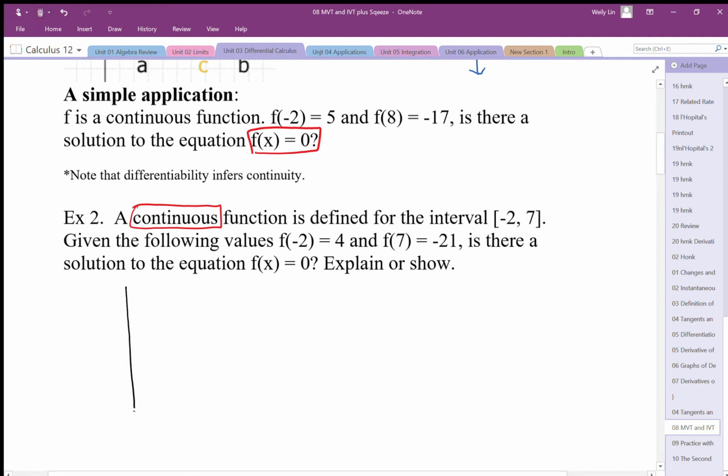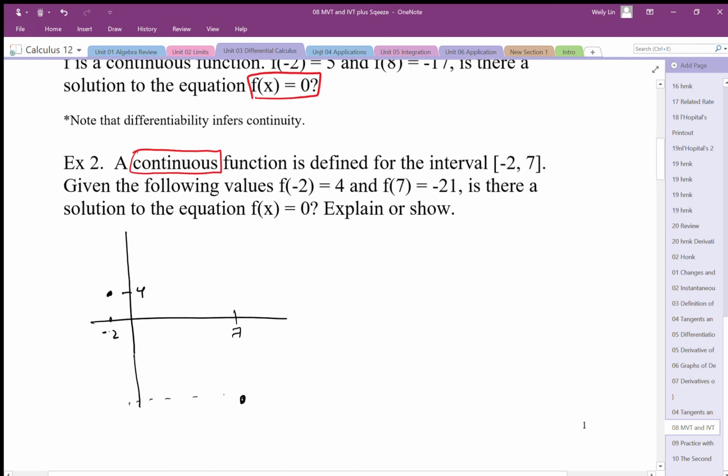There is my graph at -2 and 4. Okay, we'll just put it up there. y equals 4. We'll say 7 is here, and -21 is down here somewhere. And we don't know what's happening with this graph other than we know that it is continuous between those two coordinates.